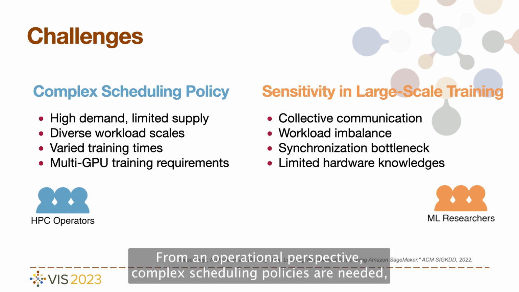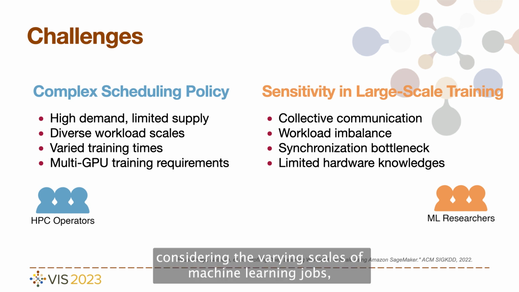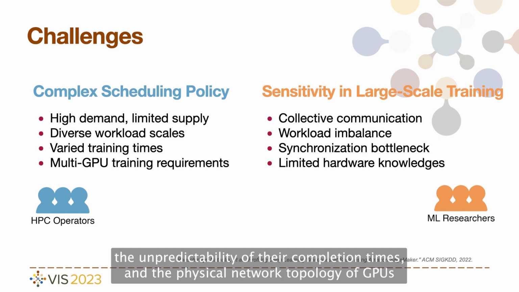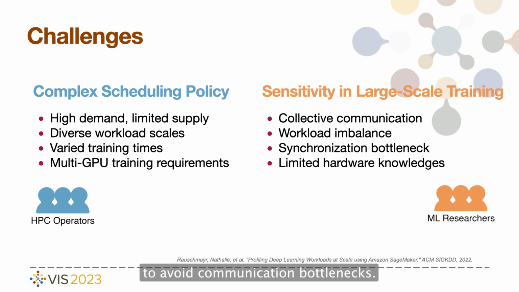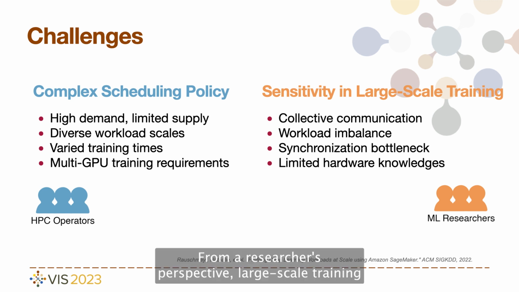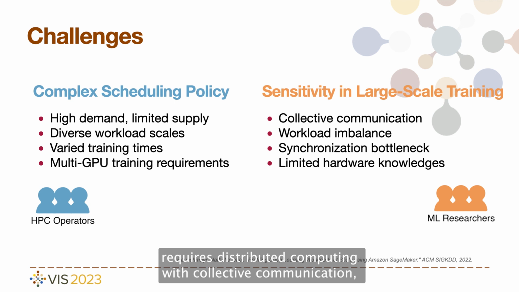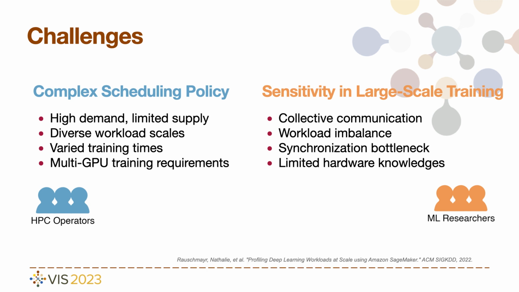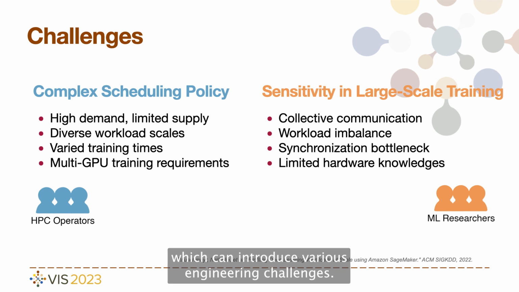From an operational perspective, complex scheduling policies are needed, considering the varying scales of machine learning jobs, the unpredictability of their completion times, and the physical network topology of GPUs to avoid communication bottlenecks. From a researcher's perspective, large-scale training requires distributed computing with collective communication, which can introduce various engineering challenges.